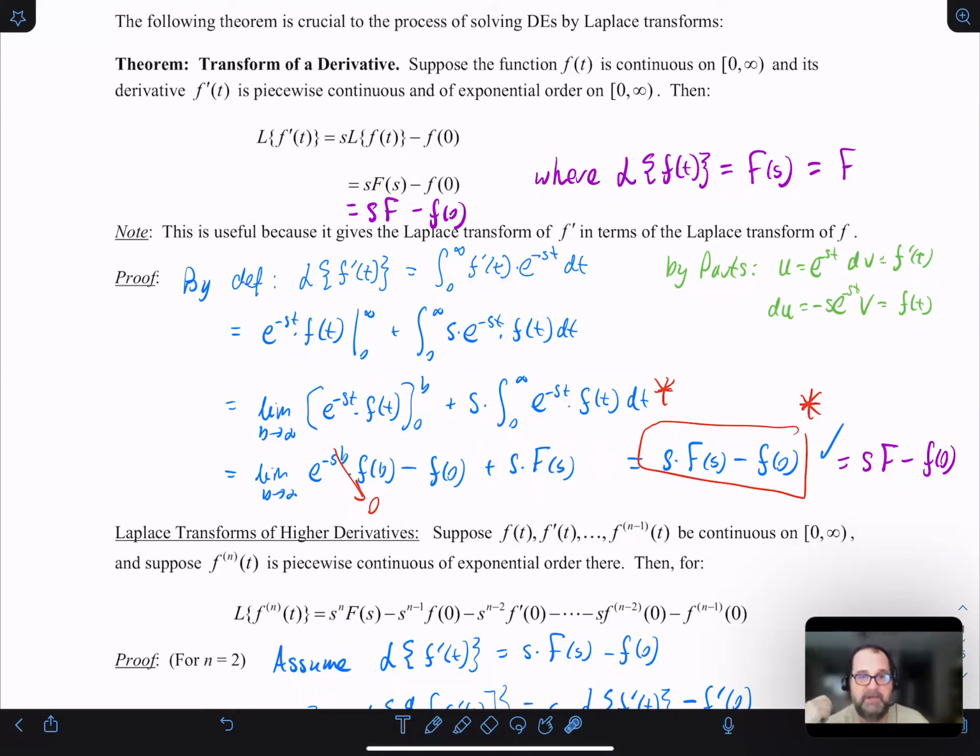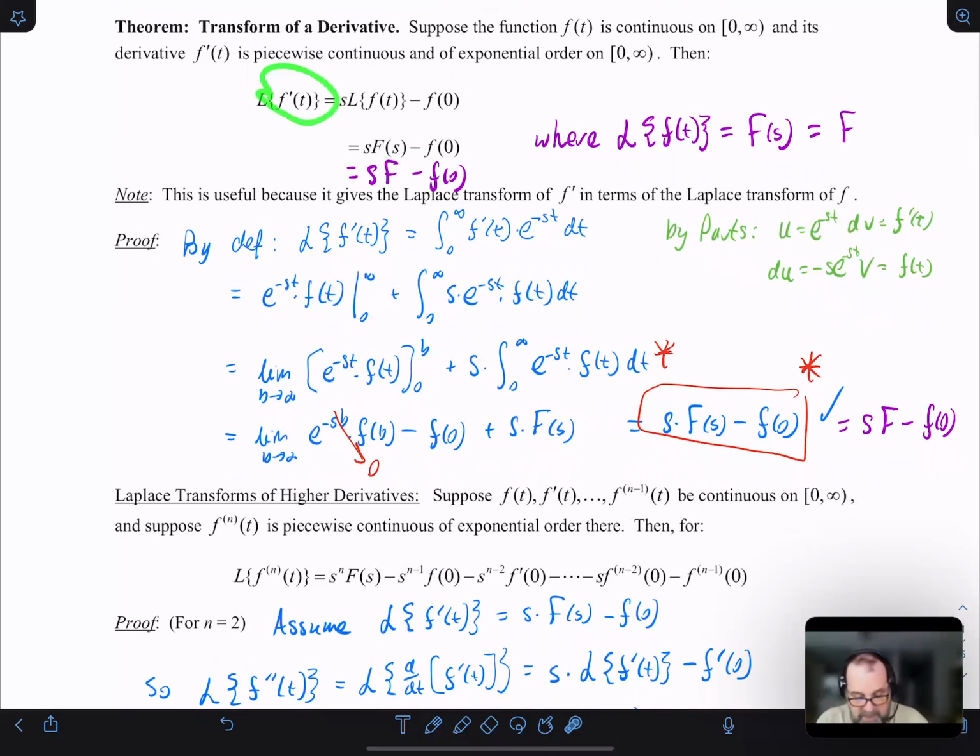It is not in terms of derivatives anymore. So taking the Laplace transform of a differential equation will no longer be a differential equation. It will be an equation in terms of F. So that is what makes this method work, basically.